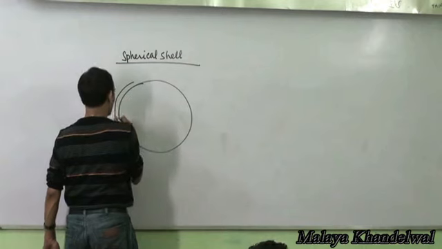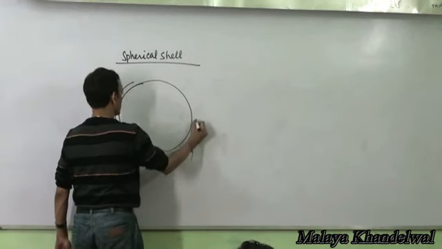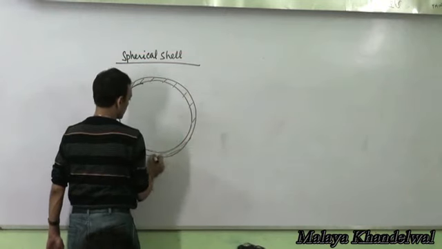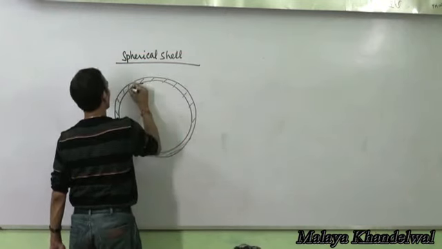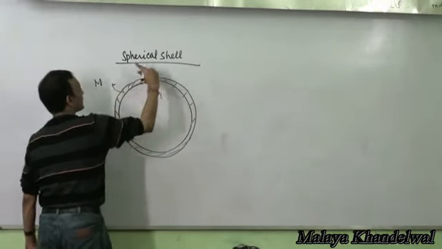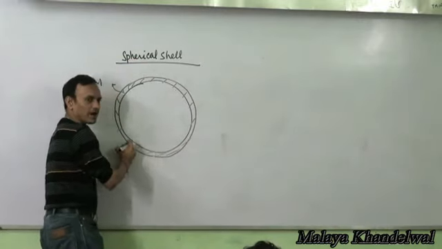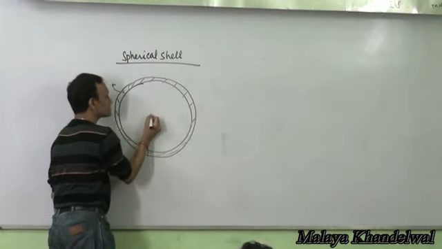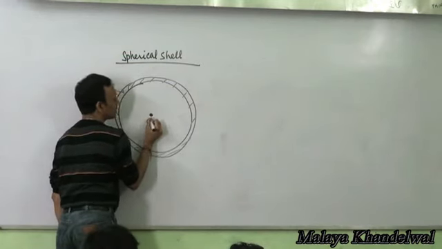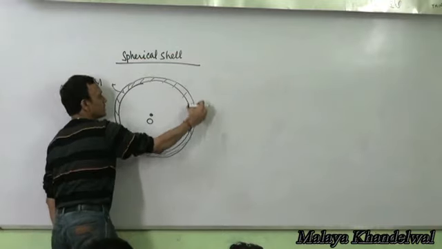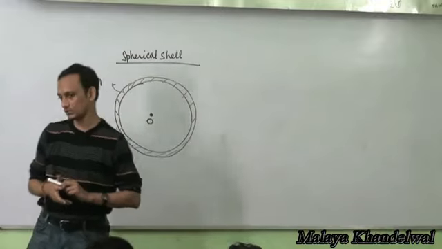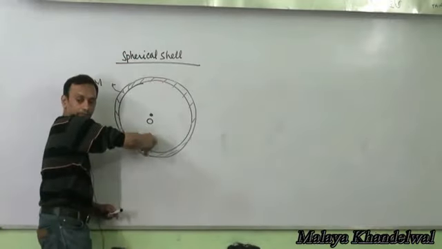This is a spherical shell of mass capital M. This mass is contained in the shaded region. This is the center of the shell, and the mass is contained in this small thickness. That's a spherical shell, right? All the mass is contained here.